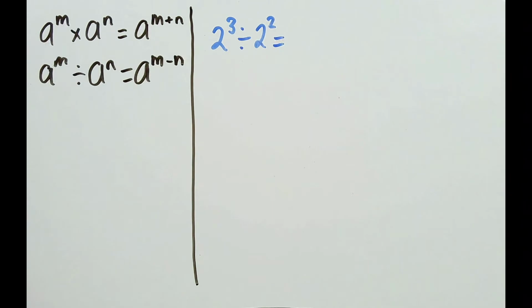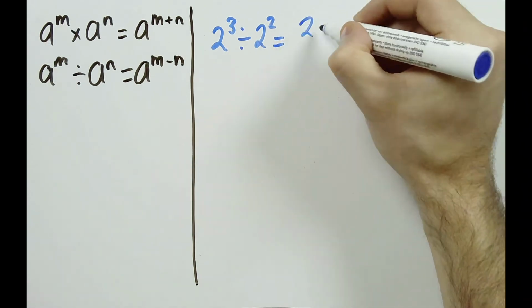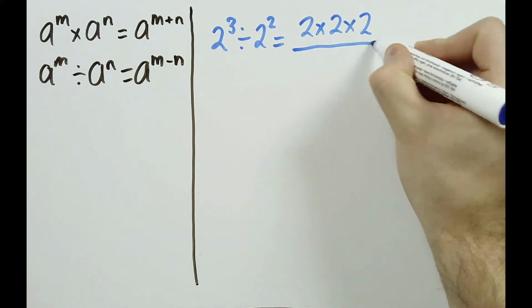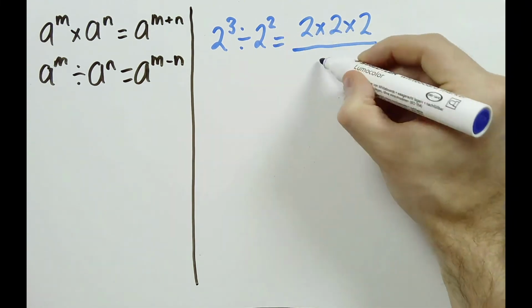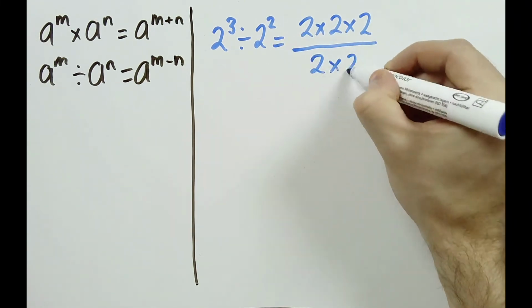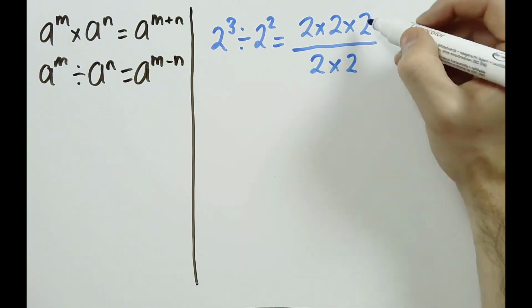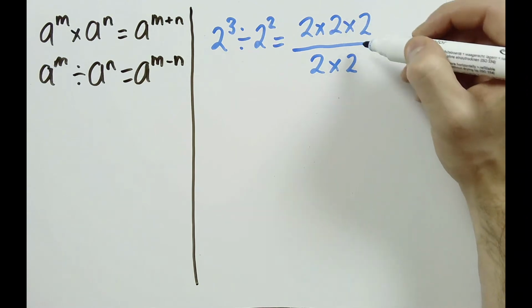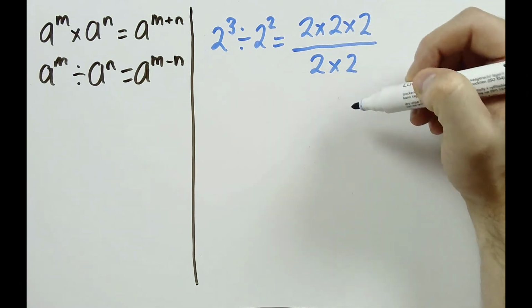So we know we can represent this as 2 times 2 times 2 divided by 2 times 2. And as we usually do when dividing numbers, we can cross out the same number on the top and the bottom.